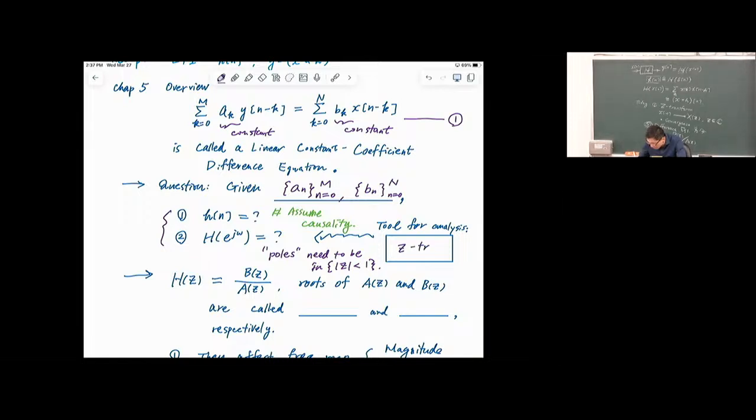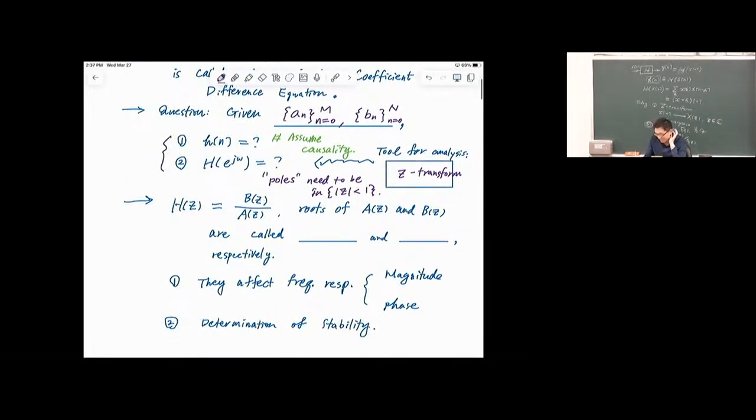The tool for our analysis is the Z transform, or "zed transform" in the UK or India. In America they say Z, but elsewhere people say zed. You want to sound British, zed transform. I'm not good at a British accent, but I know I have a Taiwanese accent.